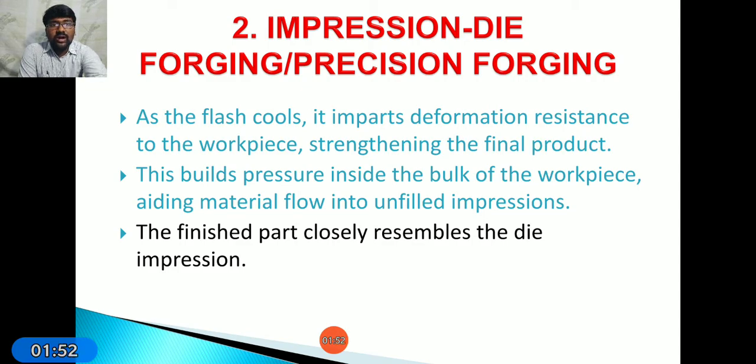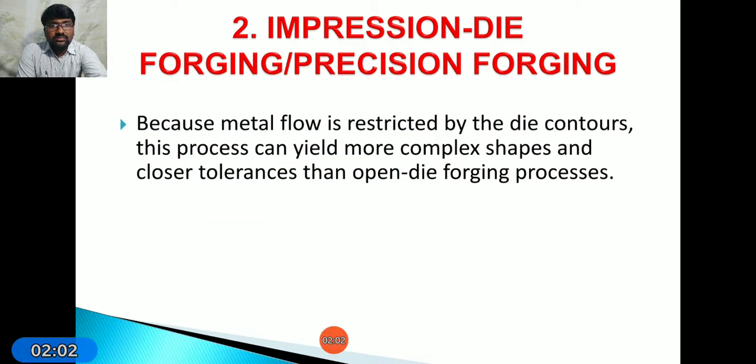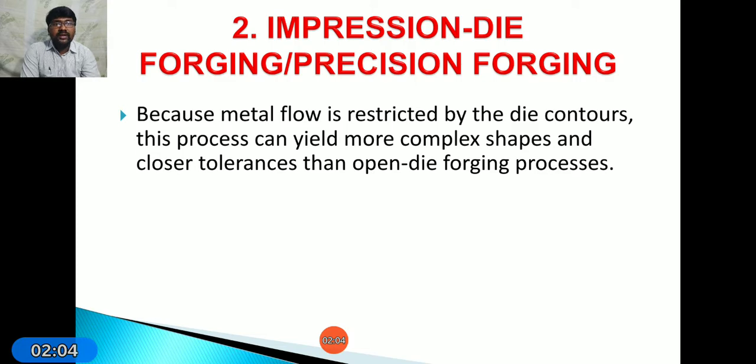Like that, we have to arrange and fix the die. The material flows to every point in the die. Next, because metal flow is restricted by the die contours, this process can yield more complex shapes and closer tolerances than the open die forging process.